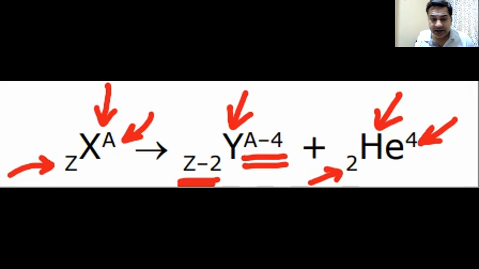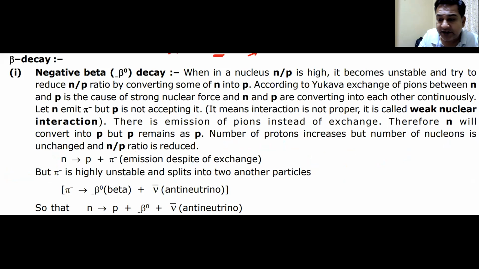Then the next decay will be known as beta decay. Now this beta decay, as you can see, is of two types. One is known as negative beta decay, and the other one is known as positive beta decay. Right now we are going to do negative beta decay.